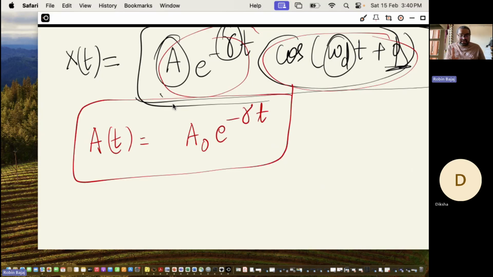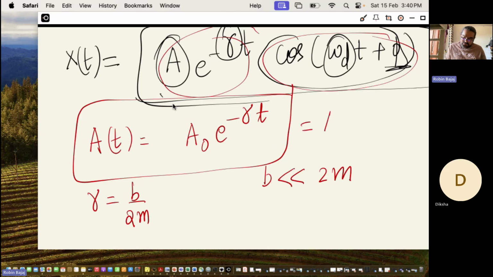Now they say for the small damping case, gamma is b by 2m, so b is much, much less than the mass. So when b is very small, how would this vary? Analytically, it's a Taylor expansion. It will be nothing but 1 minus just the linear term, because gamma is small, so the square and cube terms go to 0.